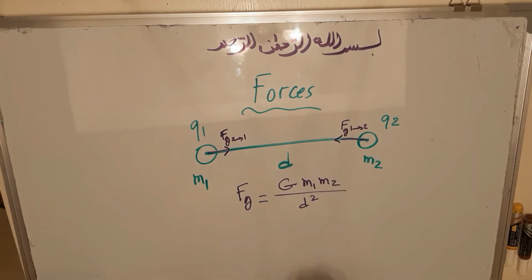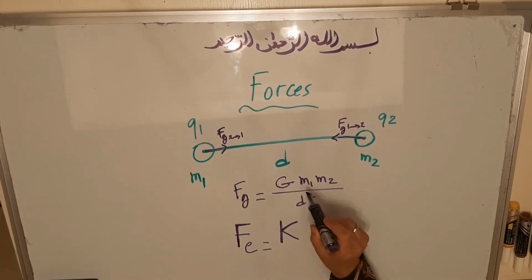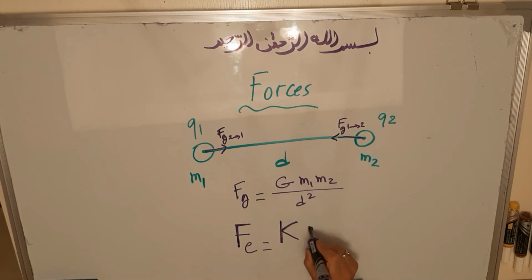Now, the electric force or the Coulomb force is going to have a very similar expression. So F electric, instead of having this constant G, we're going to have another constant that is called K, the Coulomb constant. And then instead of having M1 and M2, I'm going to have two charges, Q1, Q2, divided by D squared.